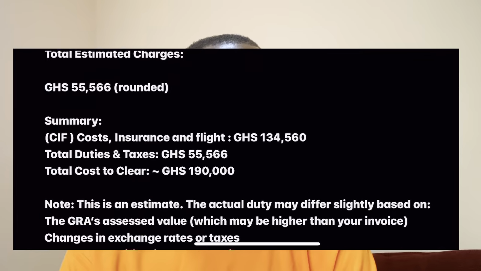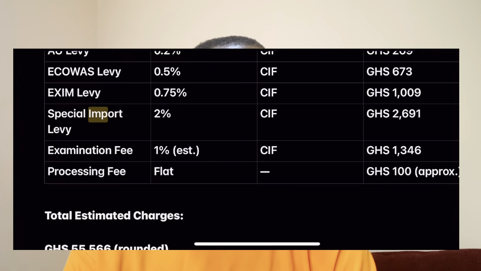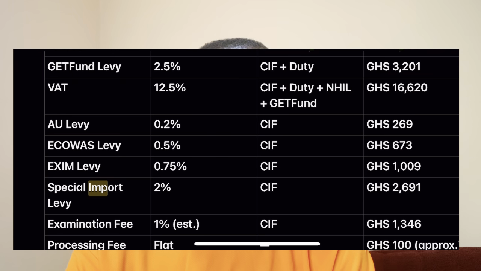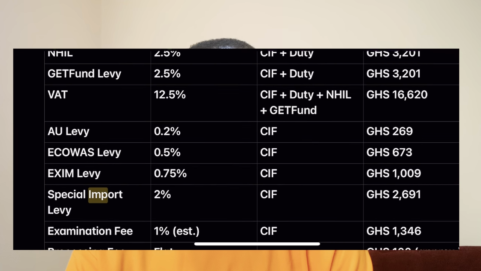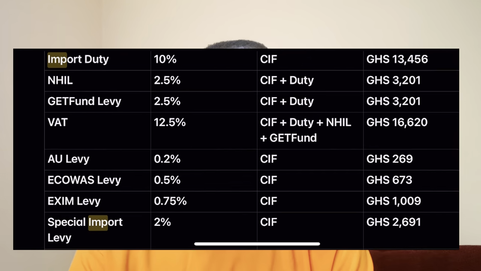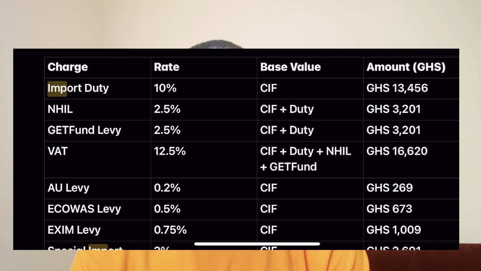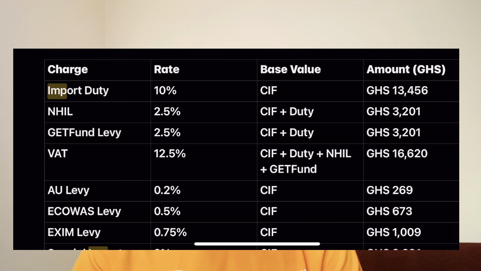But VAT is 12.5% rate, base value is CIF plus duty plus NHIL plus GETFund, which is a total value of 16,620 Ghana cedi. We have AU levy, African Union levy, 0.2%.